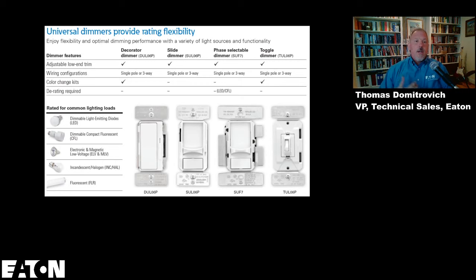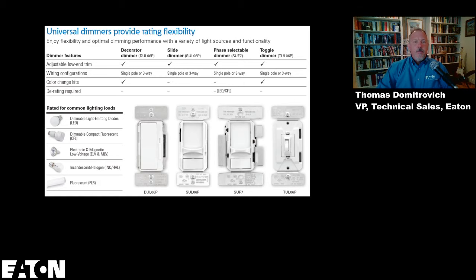So I took a snapshot out of one of our catalogs from a wiring device perspective. You're seeing here your common lighting loads. These types of switches can be used on dimmable compact fluorescents, electronic and magnetic ELV and MLV, incandescent, halogens, fluorescents.